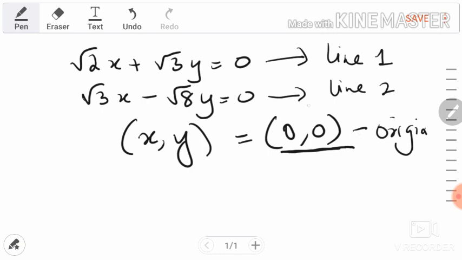This means that an equation that has constant 0 will always pass through the origin, and that is why this equation also passes through the origin, which is the common point and is the solution. So this is a tip to remember. In an equation, if the constant is 0, it always passes through the origin.